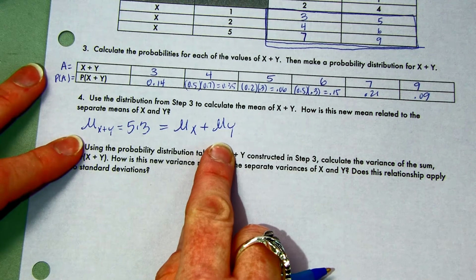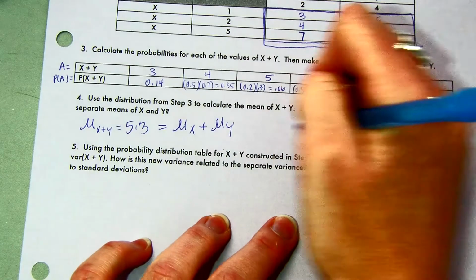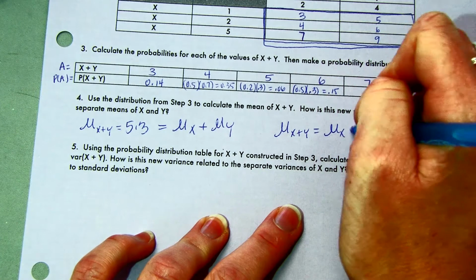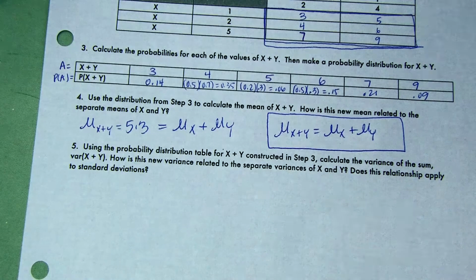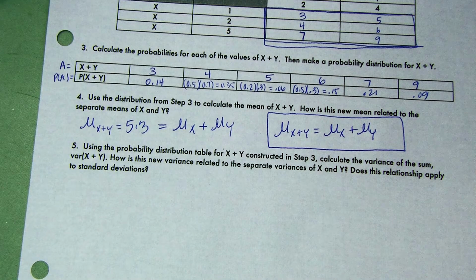This is not an accident. This is a formula you should know. If I have two random variables that are adding together, I can find the mean of this new random variable by adding their separate means.